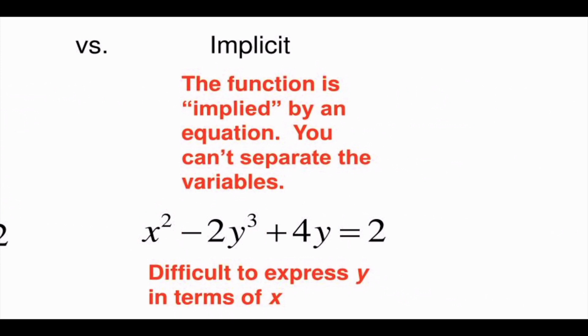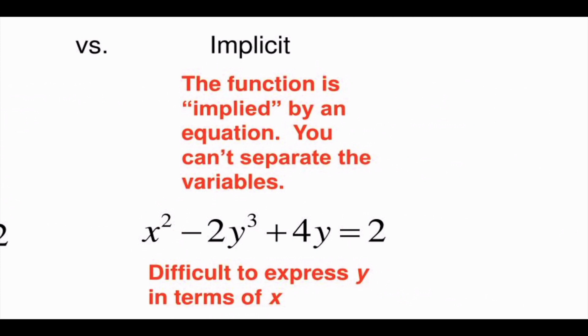The equations where we can't solve for y, those are what we call implicit. It's difficult to express y in terms of x, meaning it's difficult to say y equals. These aren't functions. If I were to graph them, they wouldn't pass the vertical line test.